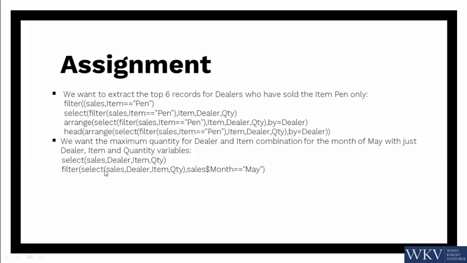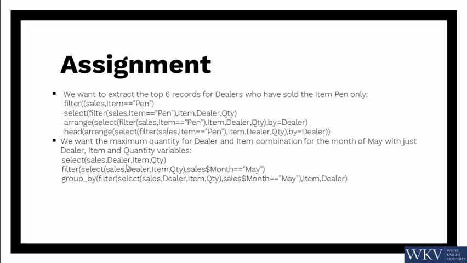Remember, if I am doing it in this order, selecting first, then filtering, then in my filter criteria, I need to refer to the original data set. If you do it the other way around, then this issue will not arise. So now my data set has only 3 variables, dealer, item and quantity, and all of them are for the month of May. Now I want to find out the maximum quantity of dealer and item. For that I have to group my data first.